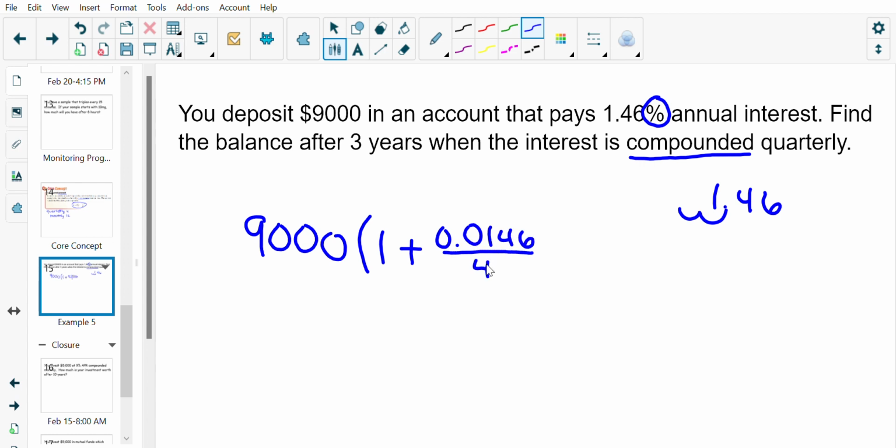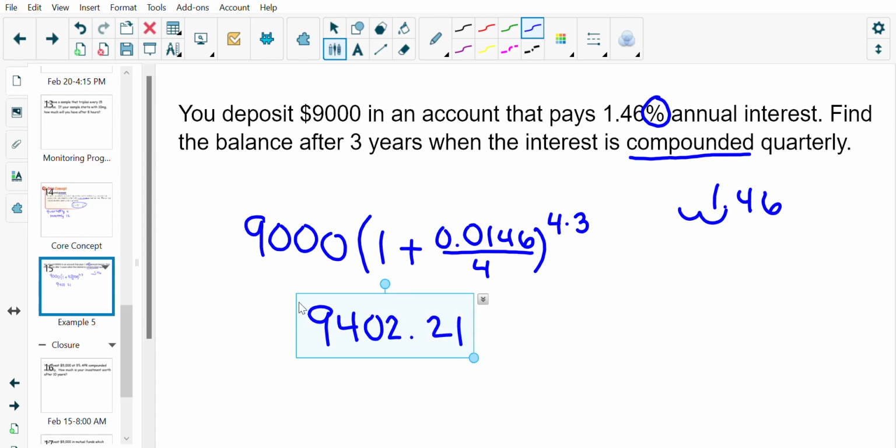Quarterly means 4, so it's over 4, and then I raise it to the n times t, which is 4 times my time, 3. And then when I type that into my calculator, I end up getting $9,402.21. So that's how much money we will end up with. So that's exponential growth and decay with our application problems.